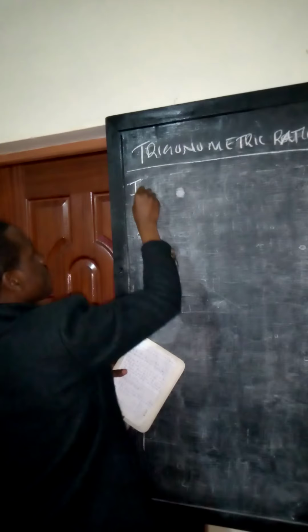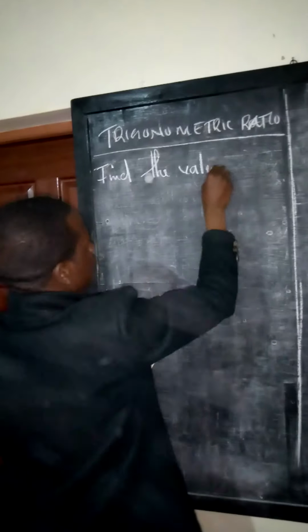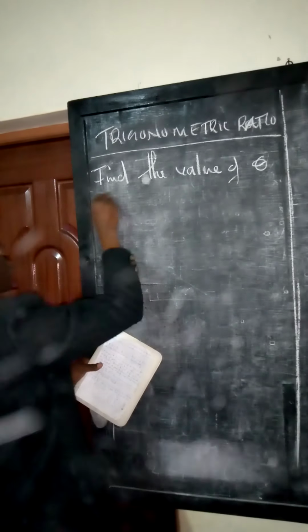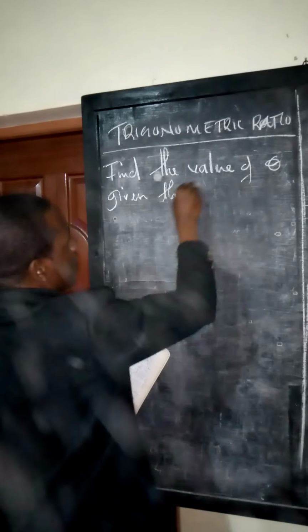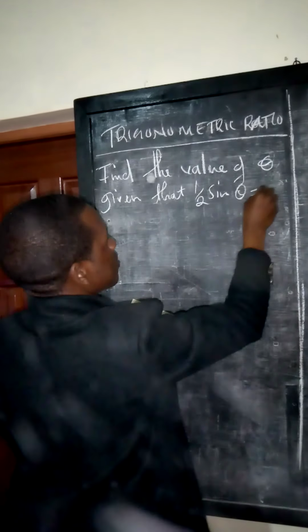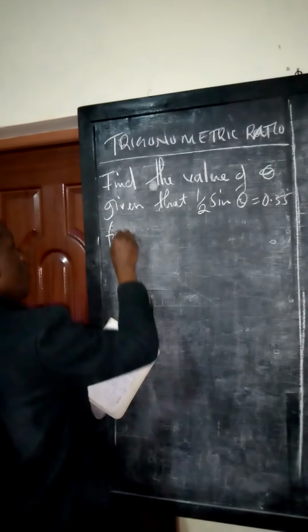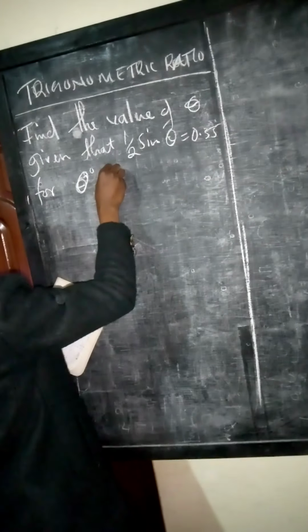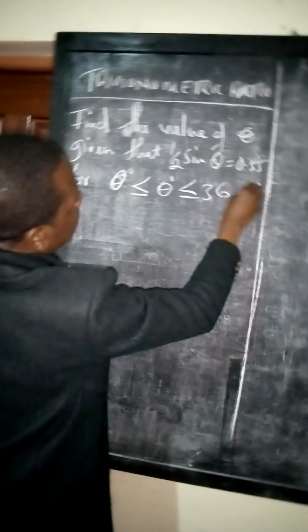That is: find the value of theta given that sin theta is equals to 0.35 for angles ranging from 0 degrees to 360 degrees.